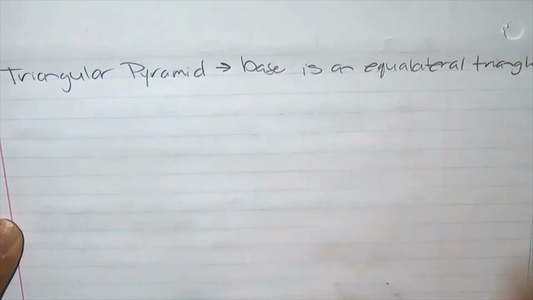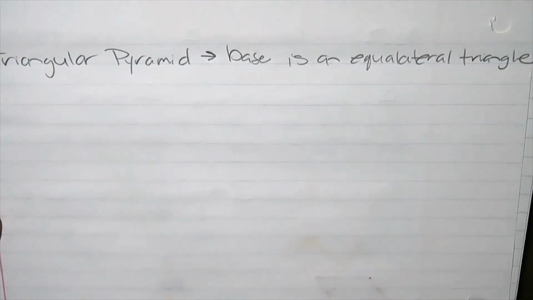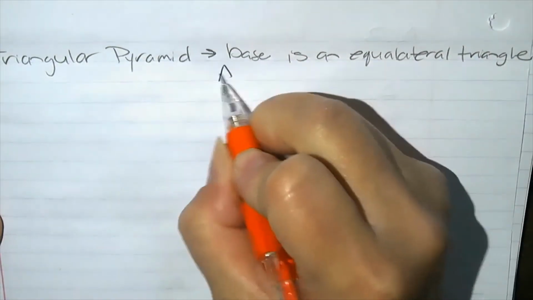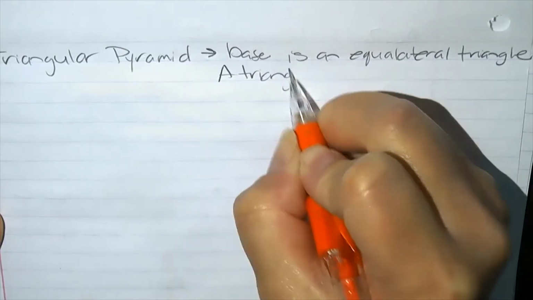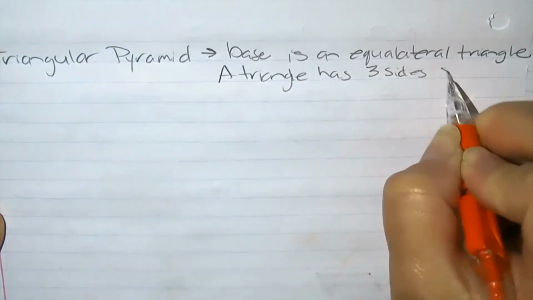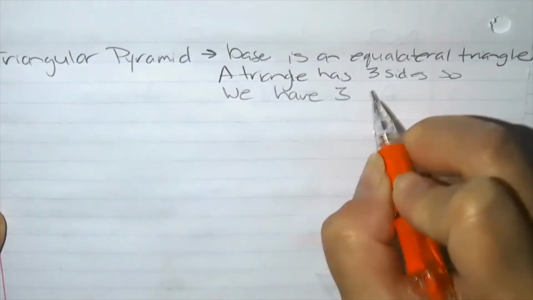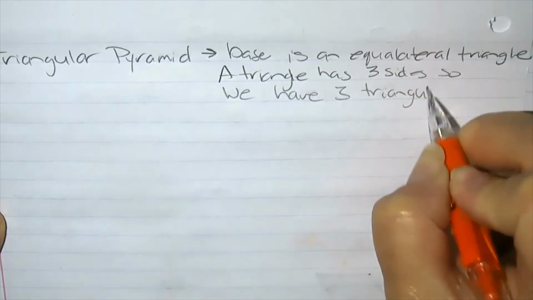That means all three sides are the same length. A triangle has three sides, so we have three triangular faces.